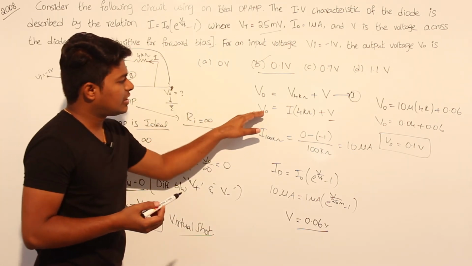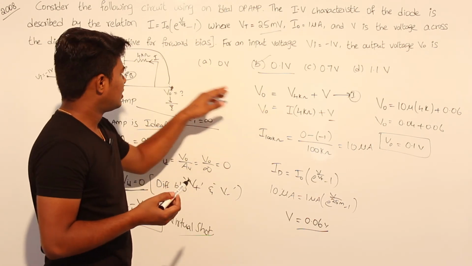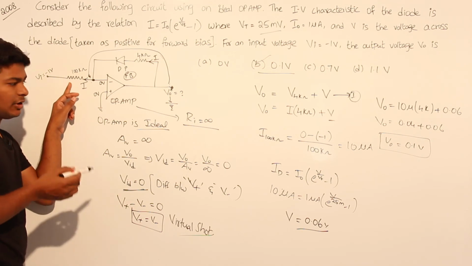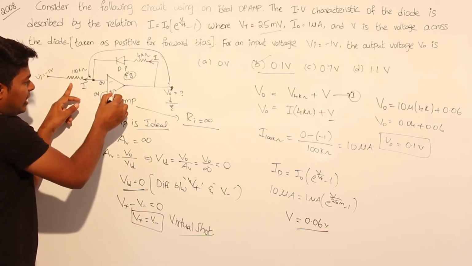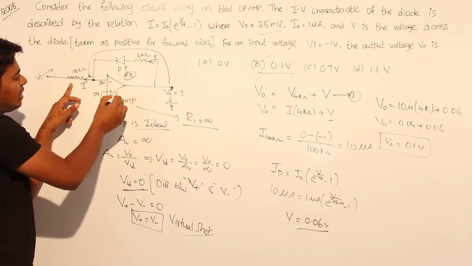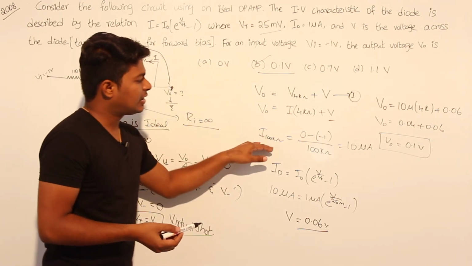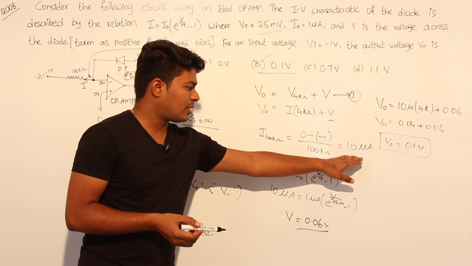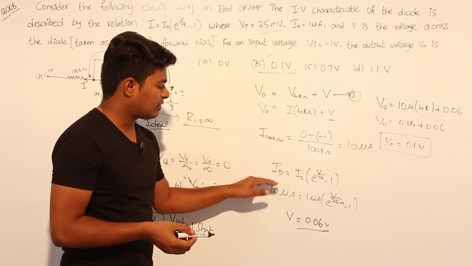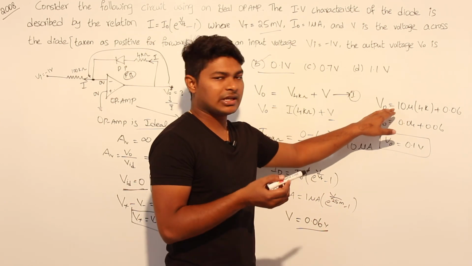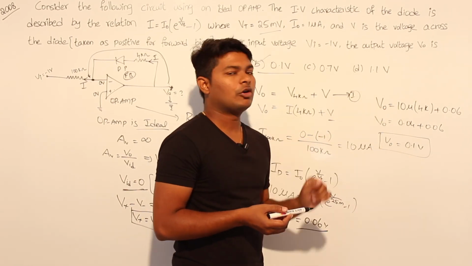The currents through the 4 kilo ohm and 100 kilo ohm resistors are the same, because in the ideal condition no current flows into the op amp. So we easily calculated the 100 kilo ohm resistor current as 10 microamperes. Then we used the diode equation to get the diode voltage. Finally we substituted this diode voltage and current in the equation to get the output voltage.